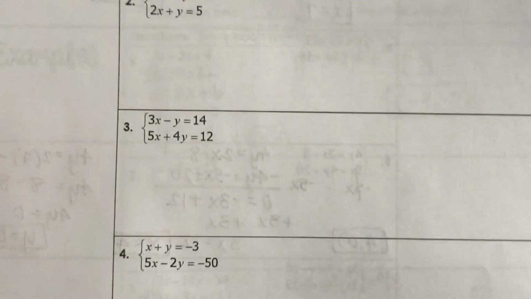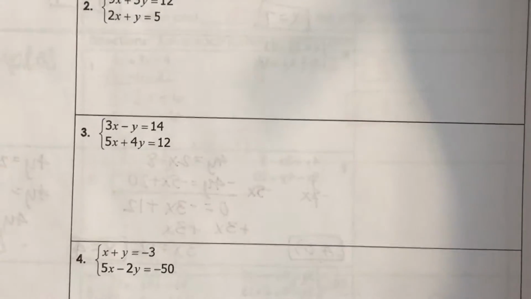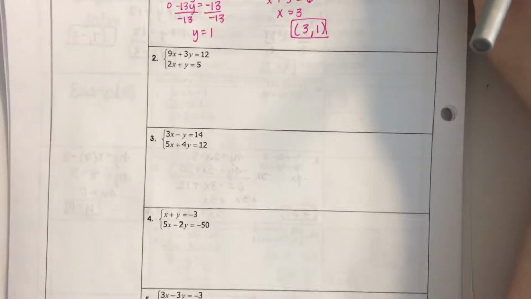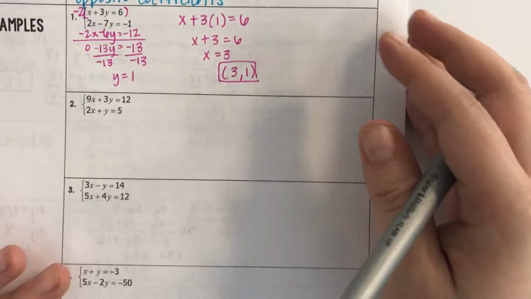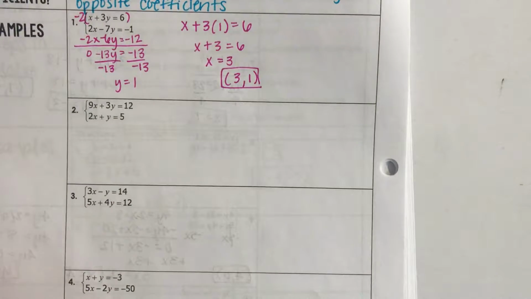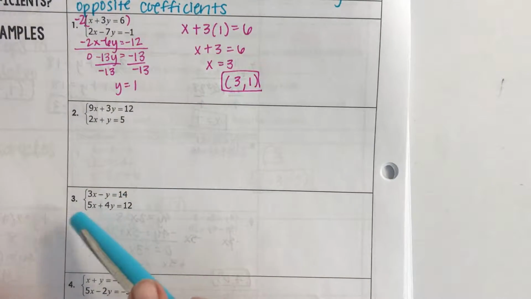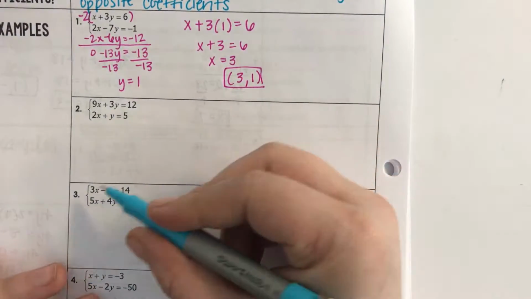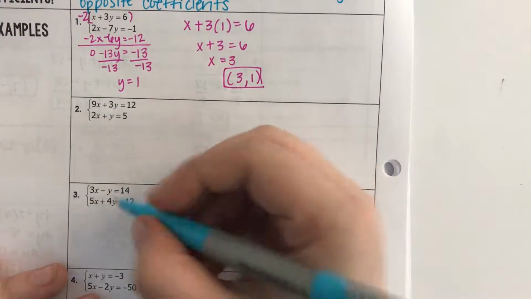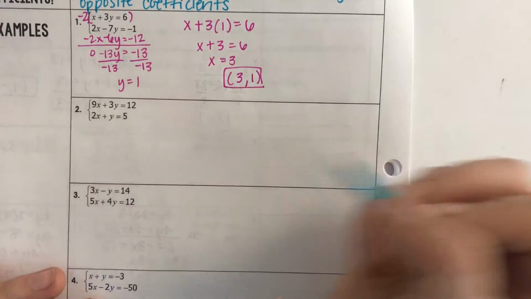Number 3. All right, so move this over. Number 3: 3x minus y equals 14 and 5x plus 4y equals 12. I think it's going to be easier to multiply this top one by 4. Since I already have opposite signs, that makes it really easy.